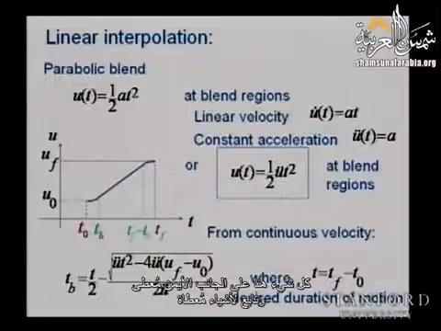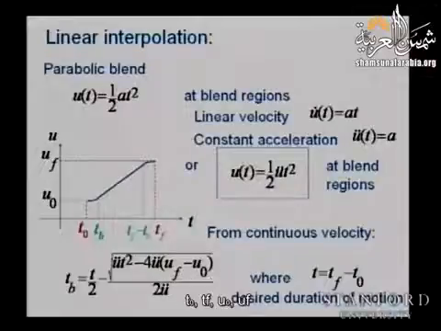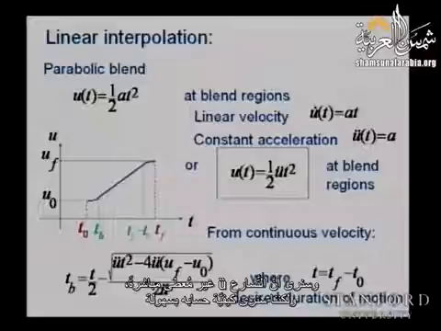Everything on the right side is given: t sub 0, t sub f, u sub 0, u sub f. The acceleration u double dot is not given right away, but we'll see how to compute it very easily.